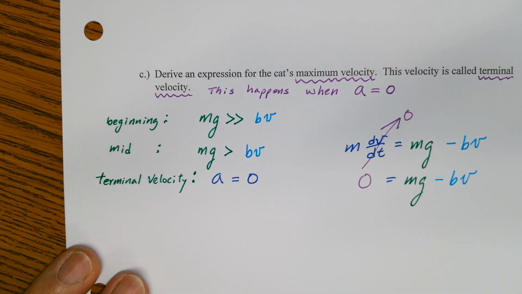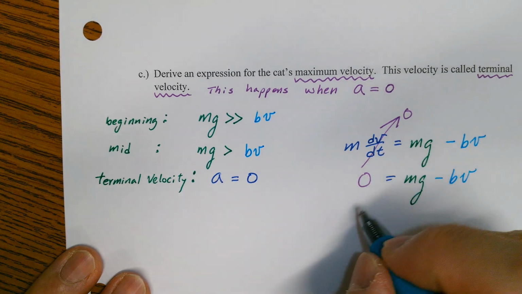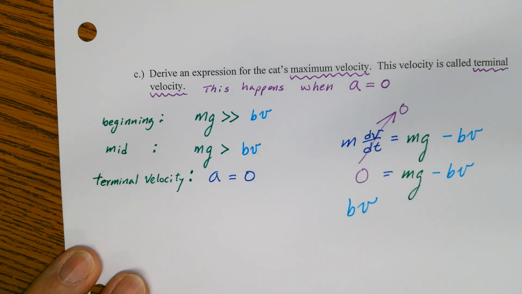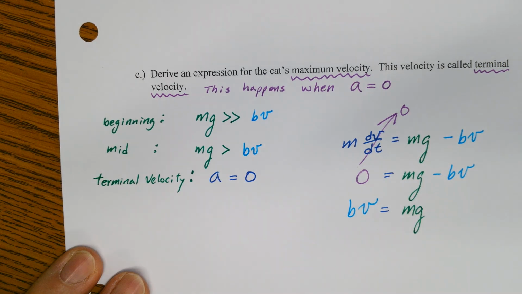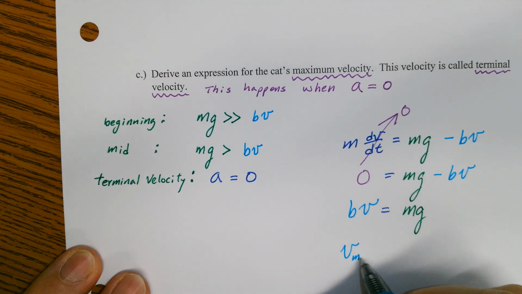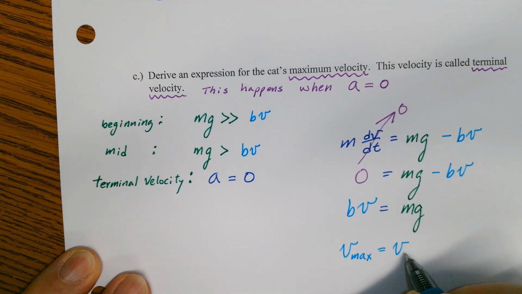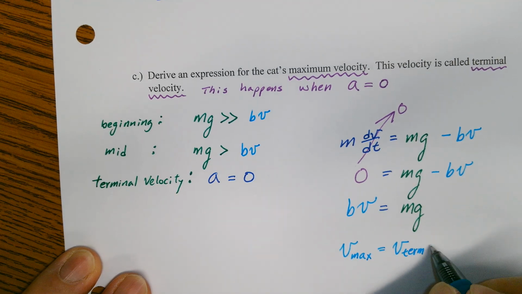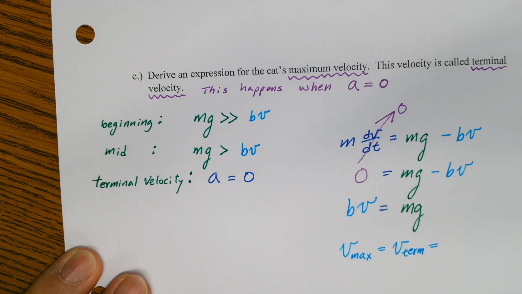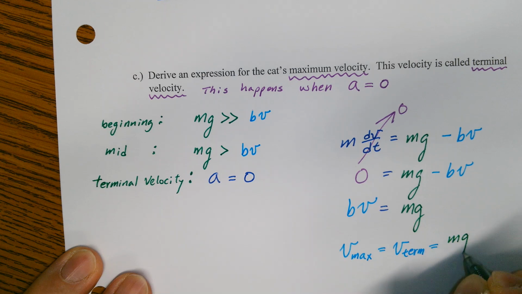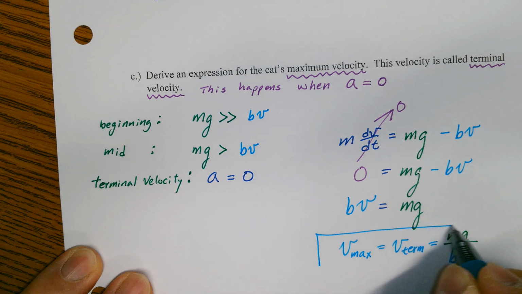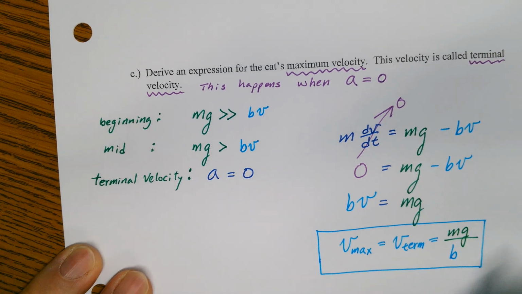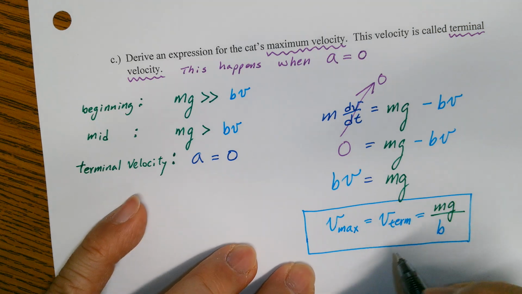Therefore, if I solve for v by bringing this to the other side, my bv is equal to mg. So my v, which is v max, which is equal to v terminal, is equal to mg over b. This is terminal velocity.